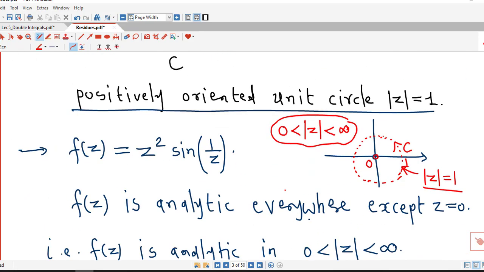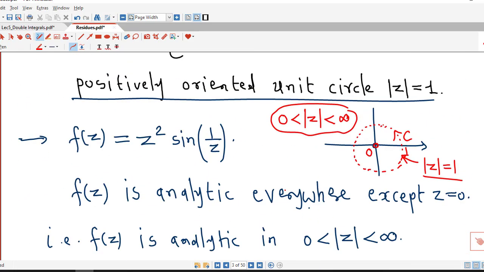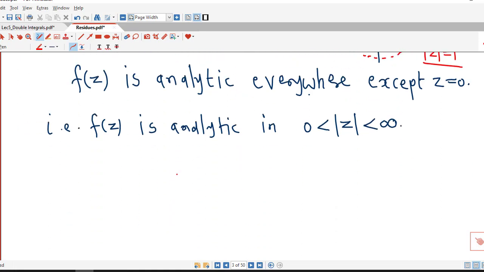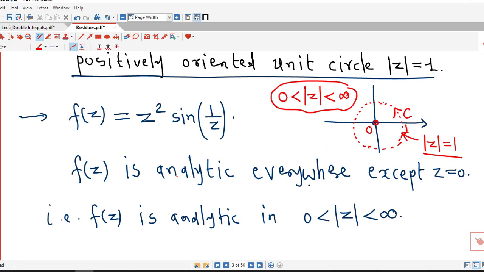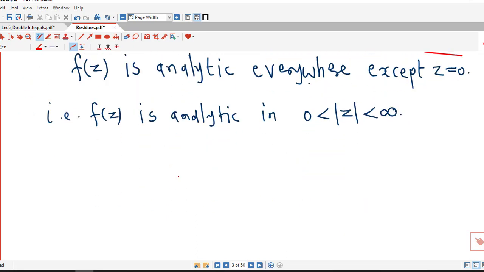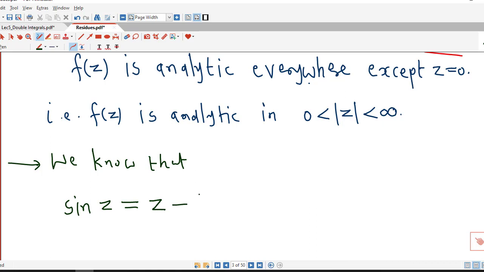So now we have to first expand our function as a Laurent series in powers of z, or with center z equal to 0. So for that we can use the standard Maclaurin series expansion of sine z. So first we write down that standard expansion that we know: sine z is an entire function, and its Maclaurin series expansion contains only odd powers of z.